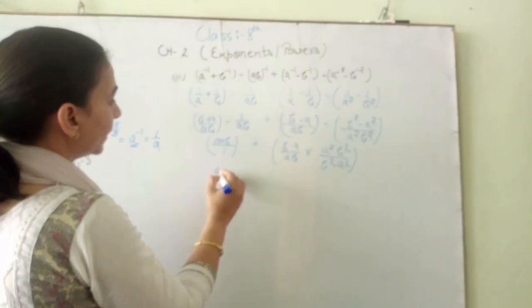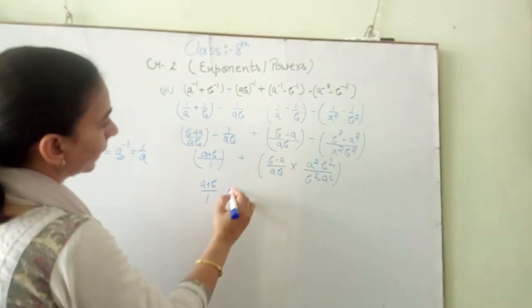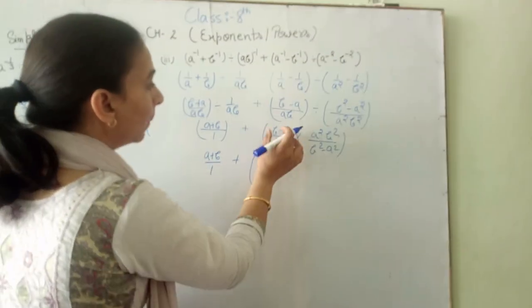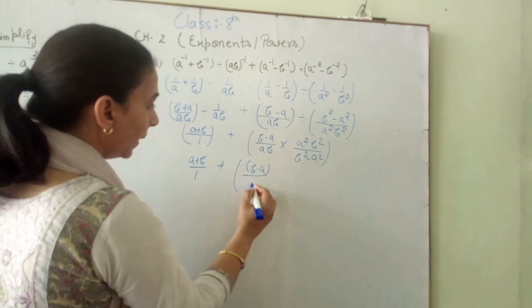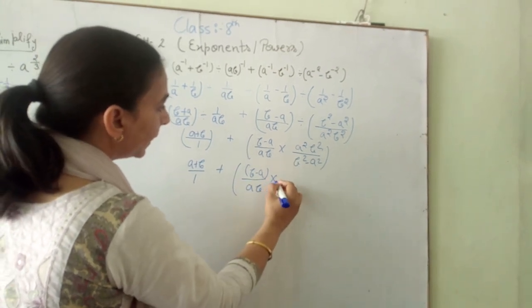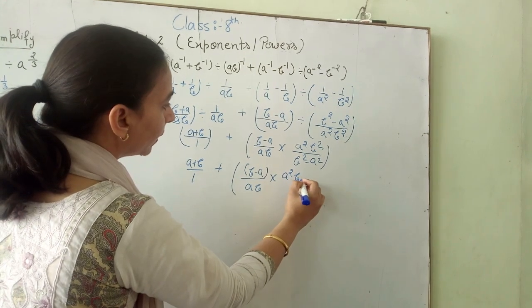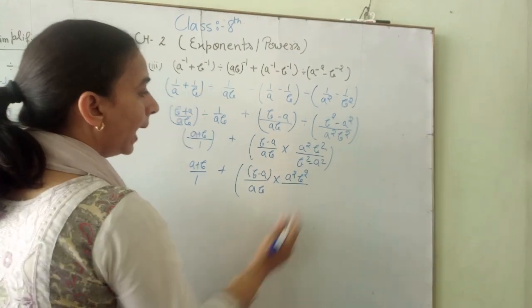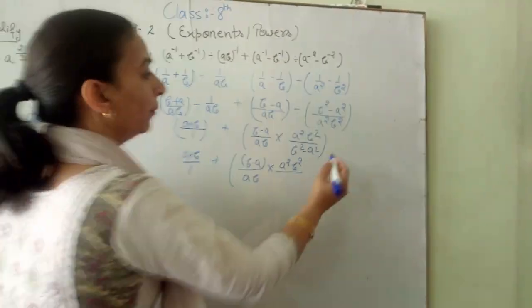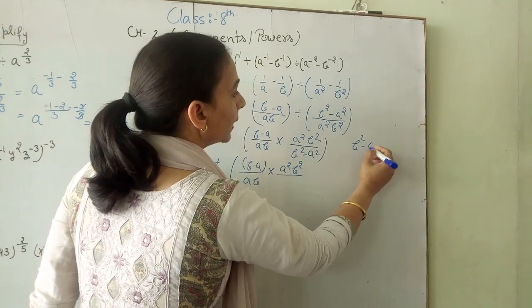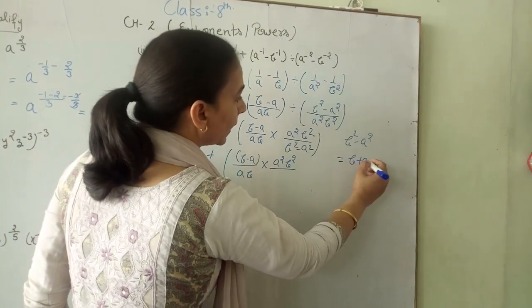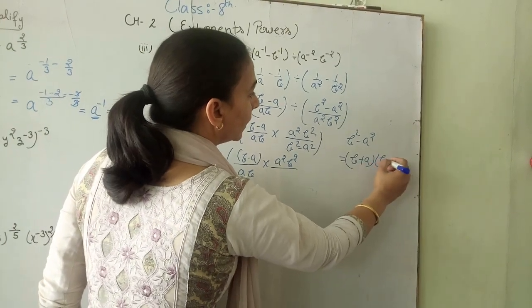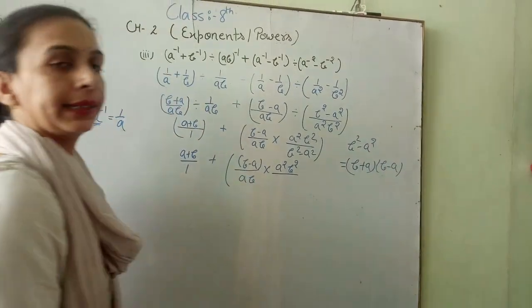Again a plus b as it is, plus b minus a as it is, ab as it is, multiplied by a raised to the power 2 b raised to the power 2, and this is our result. We can write b square minus a square. We have a result: this is equal to b plus a and b minus a. This is an identity. Clear?